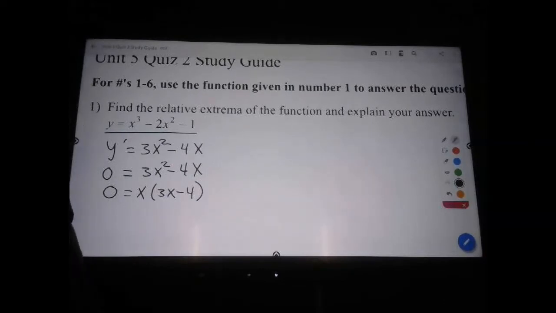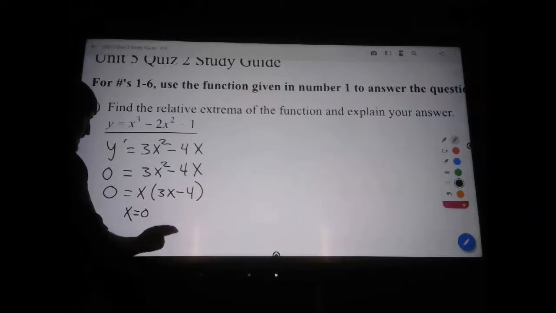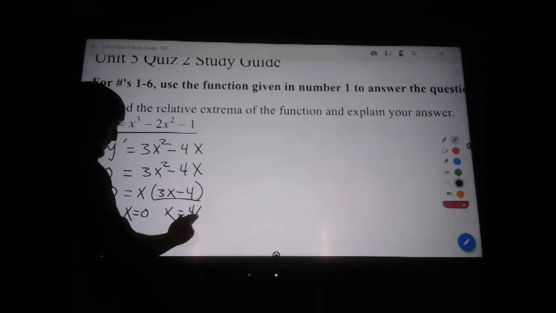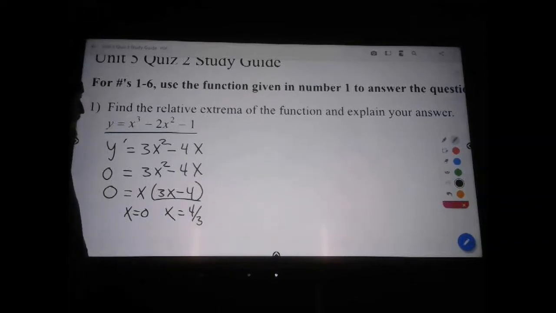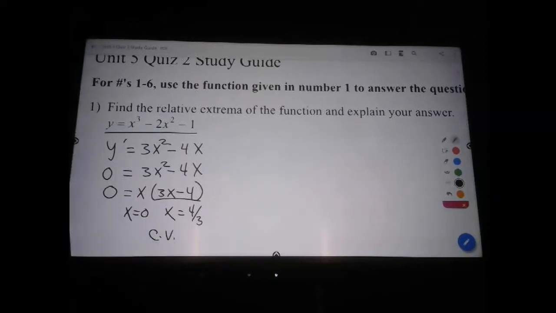Okay? So we have x equals 0. And if we set this one equal to 0 and solve, we'll get 4/3. Okay? So those are our critical values, and that's where we could possibly have some relative extrema.